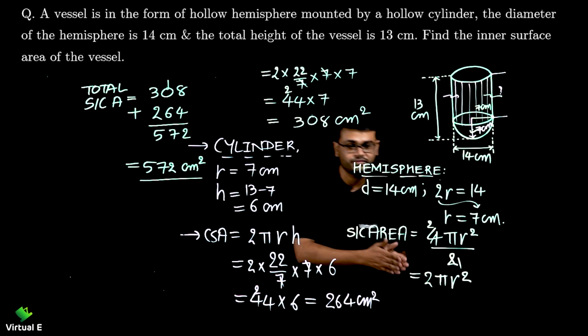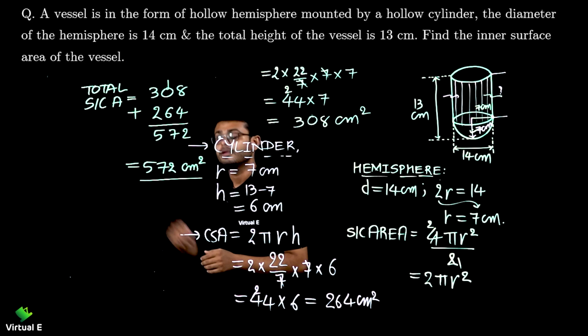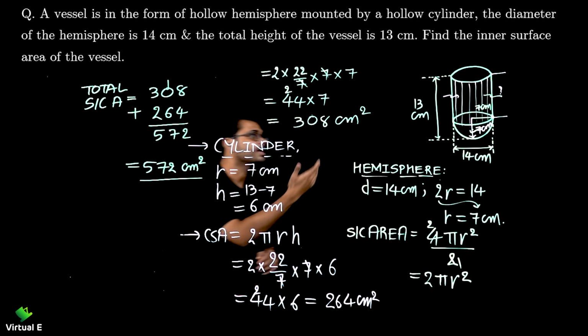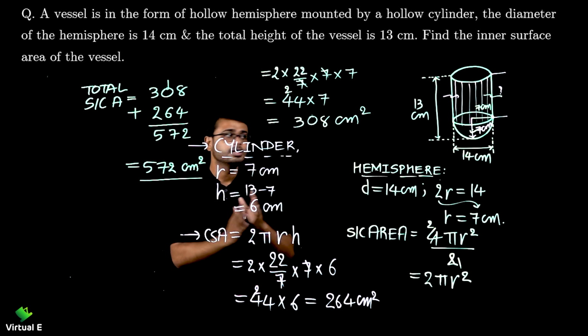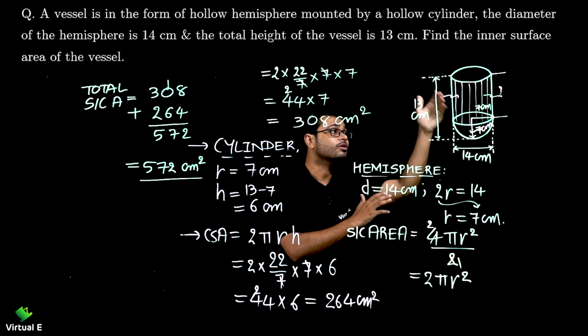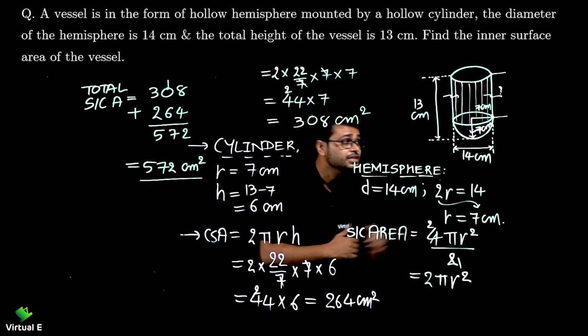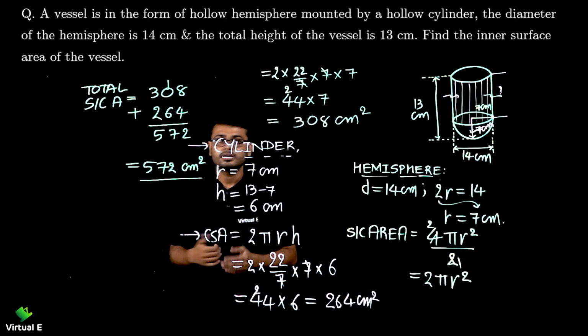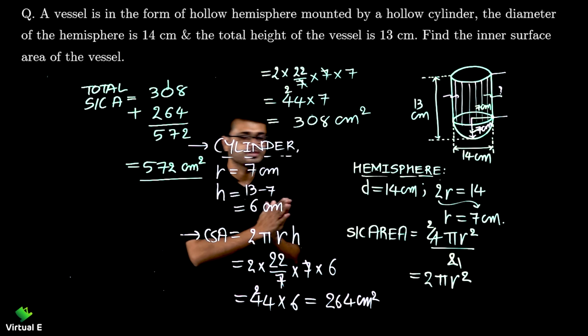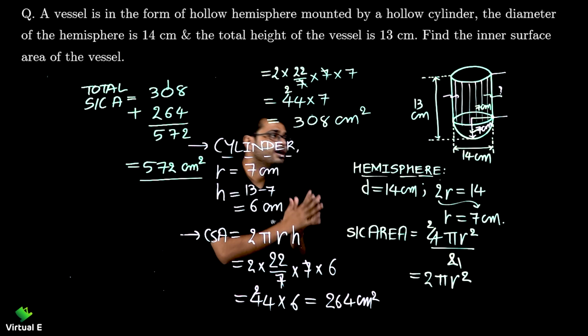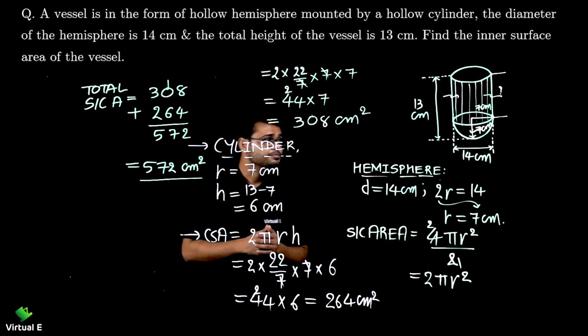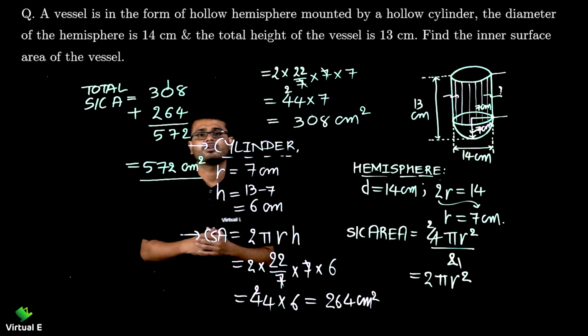First of all of the hemisphere, then of the cylinder. Now remember, if you don't have the height, we cannot get it. So you need to think, how can we get the height of the cylinder, the radius of the hemisphere or the cylinder? There are always some ways to get the answer. Don't get stuck if we don't have the height. So this is how we find the area of a combination of shapes.